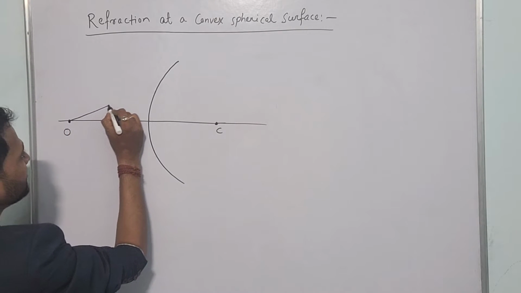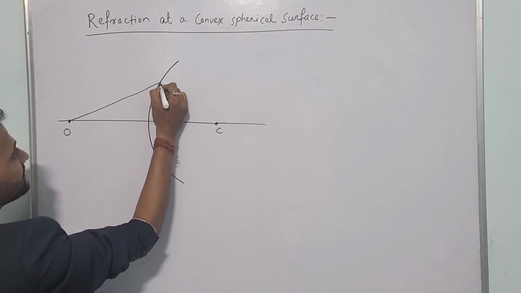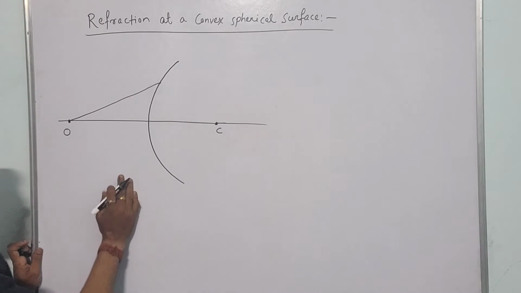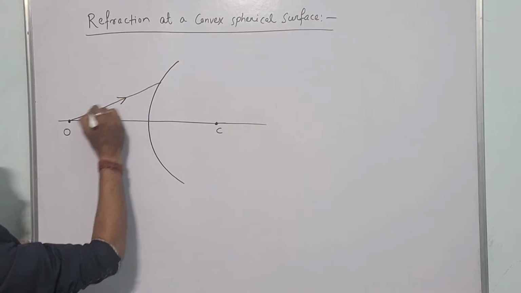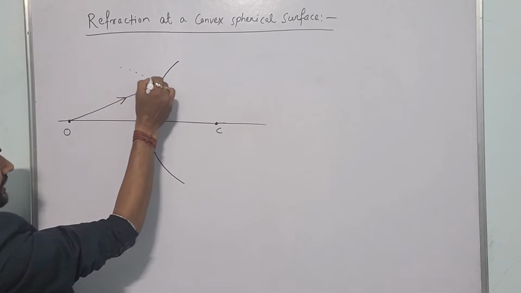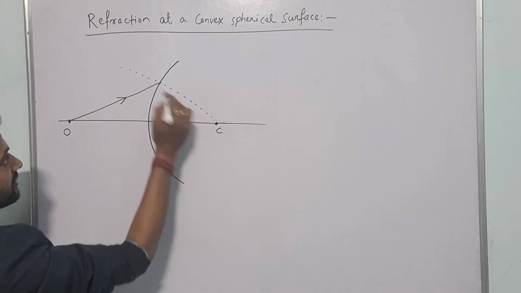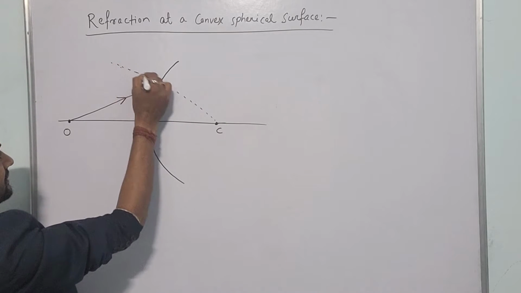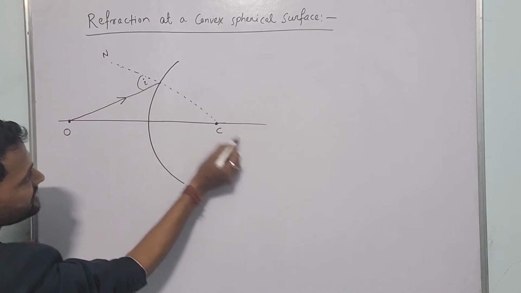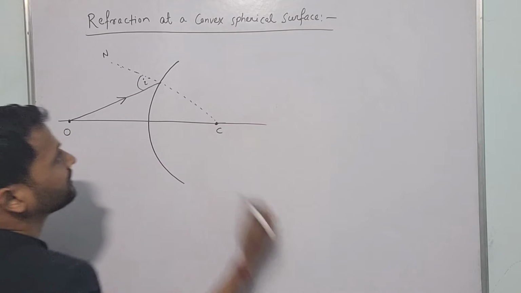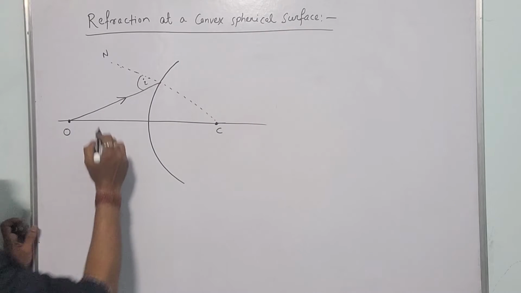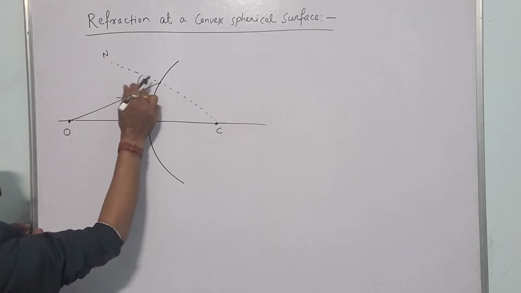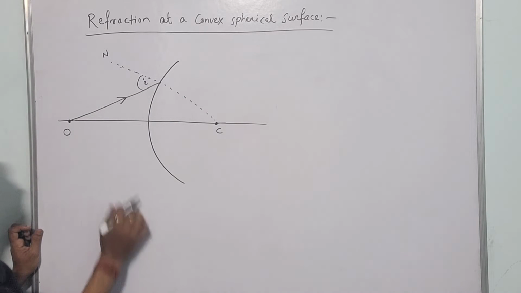So if I pass a light from that point object towards the convex spherical surface, this ray is called the incident ray, and that ray makes an angle with respect to the normal. That angle is called the incident angle. The normal always passes through the center of curvature of the spherical surface. The angle between incident ray and normal is called incident angle, right?